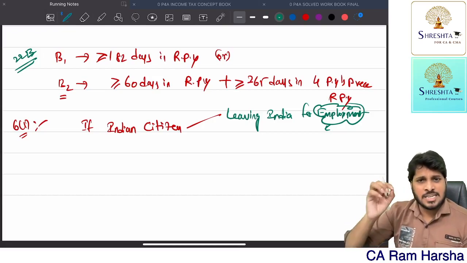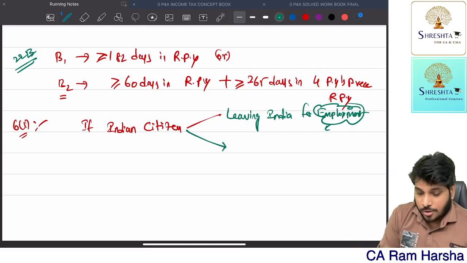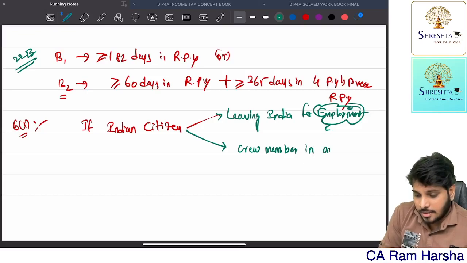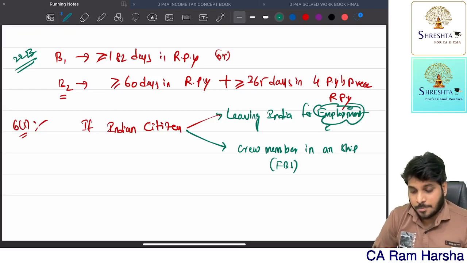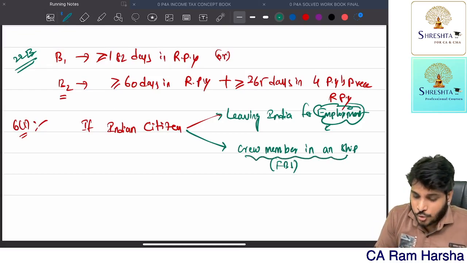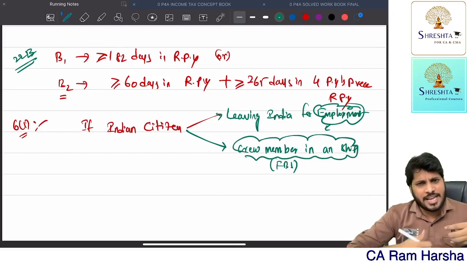Suppose he is leaving India for employment, or he is a crew member. He is working as a crew member in a particular ship which is foreign bound. Crew means anybody working in the ship.